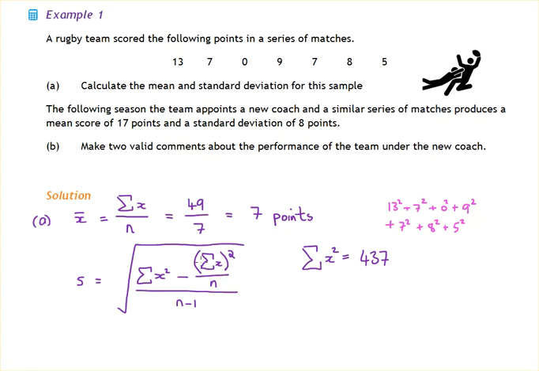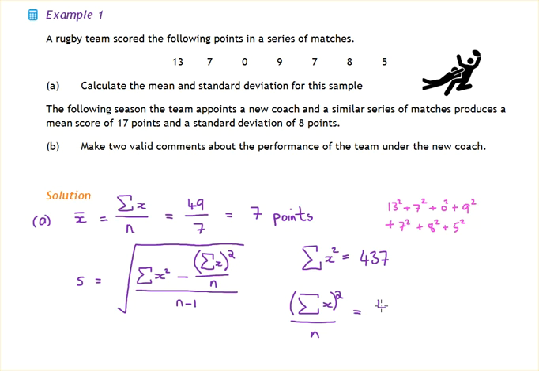Now this part of the formula, sigma x in brackets squared, all over n, is a little bit easier to get because we've already got sigma x. We know what adding all the x values up gets us, adding all the data items up. Adding all these up gave us this 49 that we'd seen earlier, and then we need to divide by the number of data items.